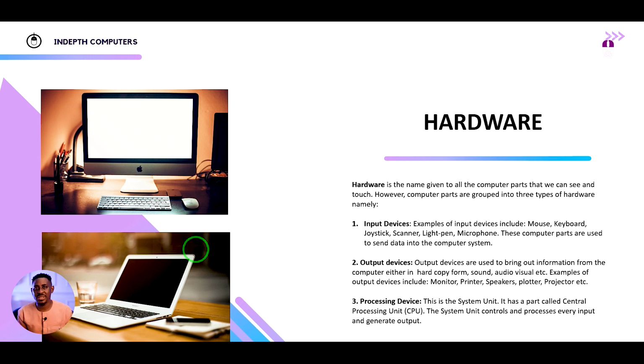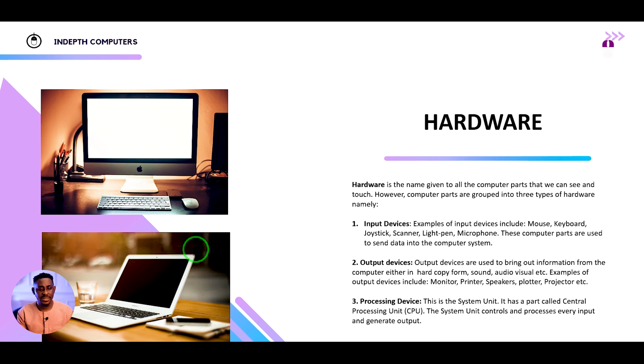There's another one I always like to add, but it's not on my slide, and that is storage devices too, because they are also hardware, although most people will say they are computer accessories. However you want to say it, hardware includes input devices, output devices, processing device. Then I would like to also include the storage device, which I will talk about in our subsequent class.